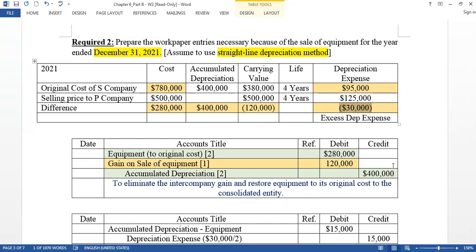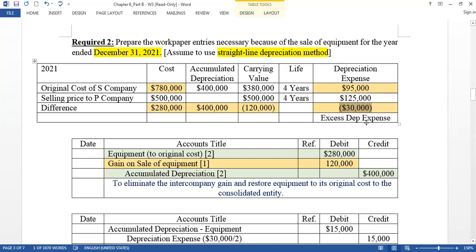Now, if you record more depreciation expense, you have to eliminate it. So you have to think 2 ways. If you record depreciation expense more, it will hit your net income, right? You record higher depreciation expense, it means that you have lower net income, right? And if you record lower depreciation expense, it means that you have higher net income.